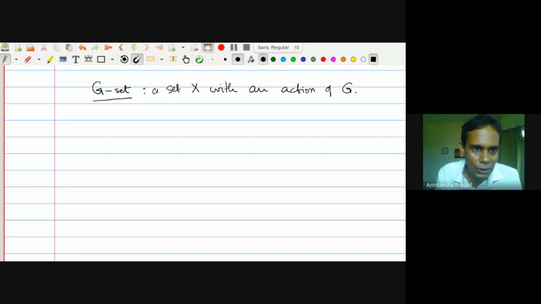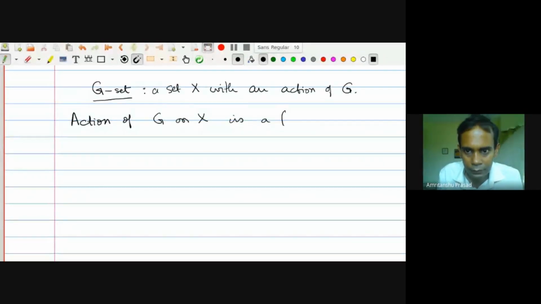An action of G on X is a function, sometimes called the action function, A from G cross X to X, which satisfies two properties.